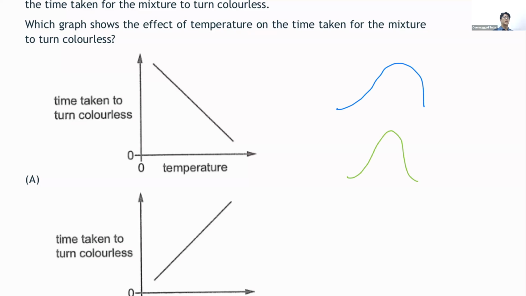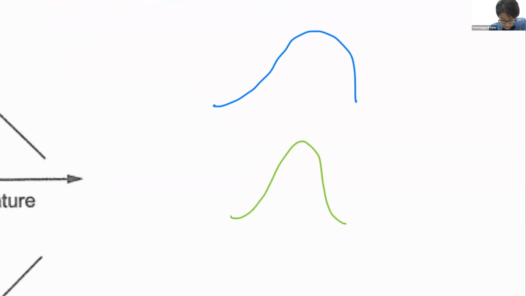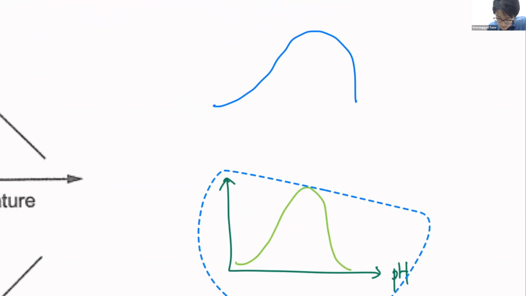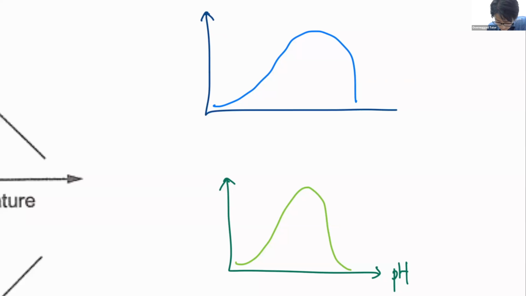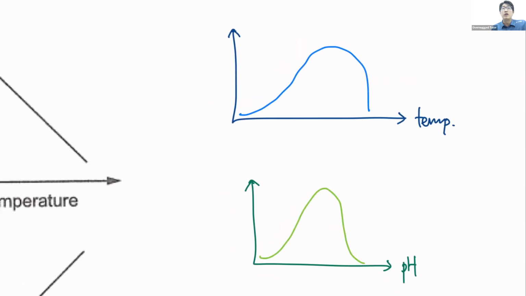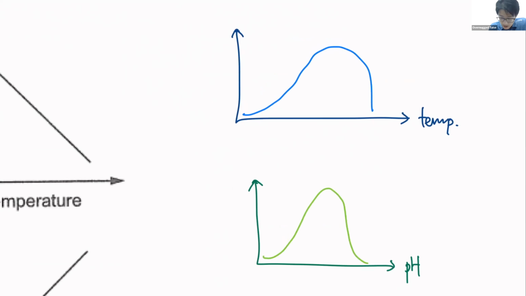Blue or green? Hazel? Enzyme pH graph, blue or green? And therefore, the blue one will be the pH graph. Well done. This is very important. We need to be able to identify the graphs.